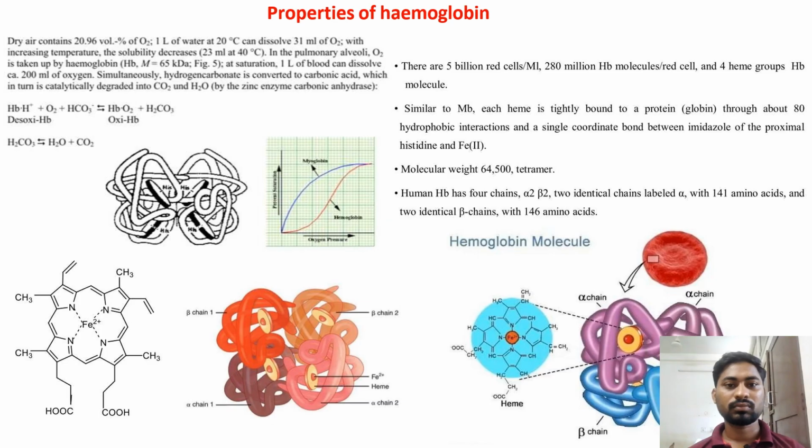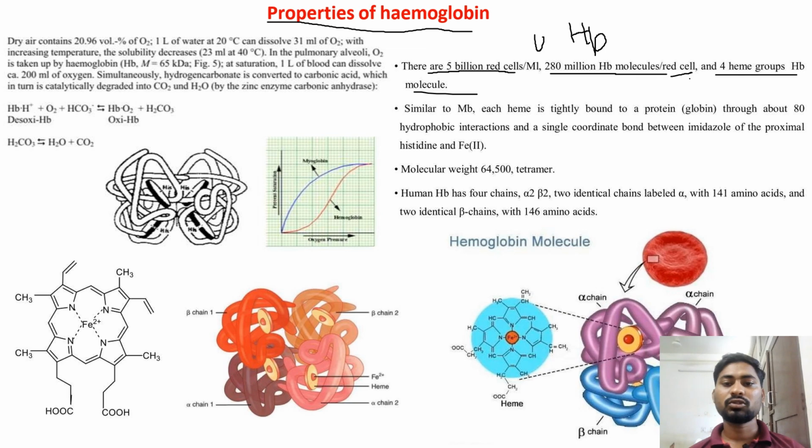These are the properties of hemoglobin. There are 5 billion red blood cells, and 280 million hemoglobin molecules are present in the red blood cells. There are 4 heme groups, denoted as the Hb molecule, and similar to myoglobin, each heme is tightly bound to the protein, called globin, through about 80 hydrophobic interactions.